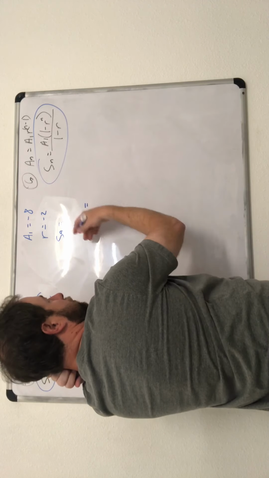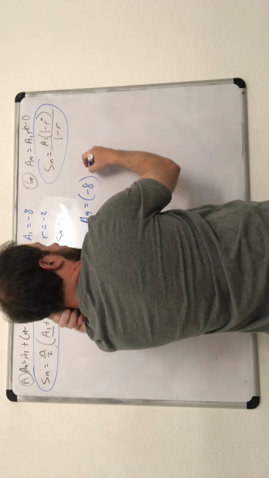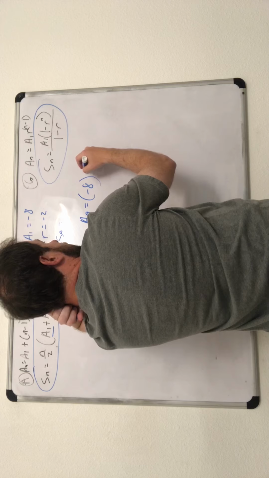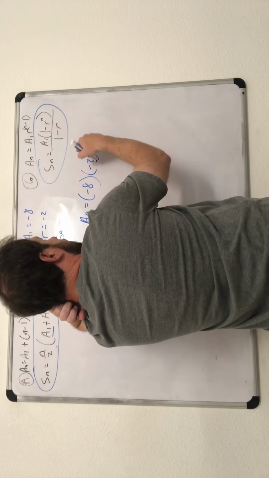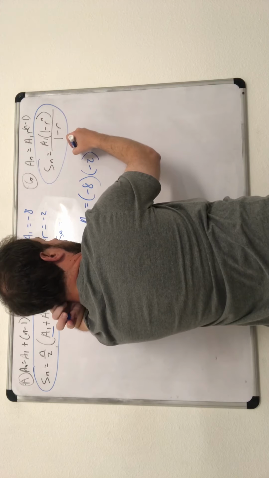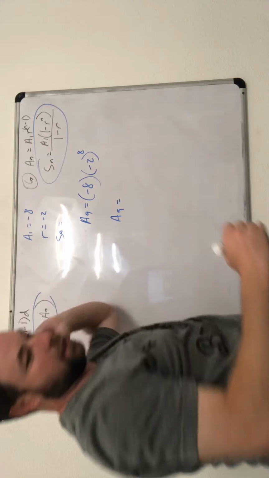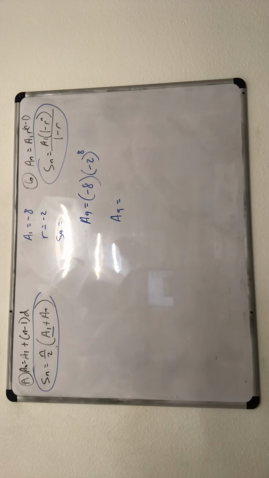So a9, which you know how to do, equals a1, which was negative 8, times r, which is negative 2, and if it is the 9th term that we're trying to find, 9 minus 1 is 8.